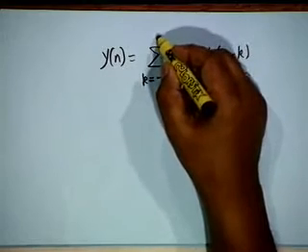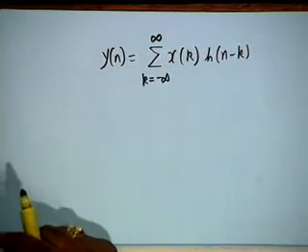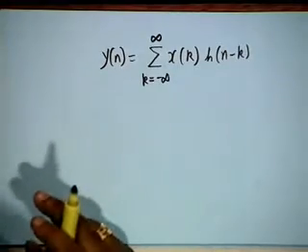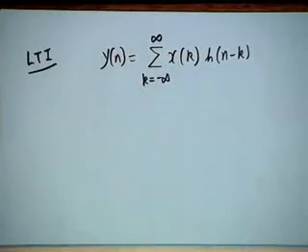In general, our convolution applies only to linear time invariant systems, because in finding this summation we have invoked the principle of homogeneity, the principle of superposition, and also the fact that if the input is delayed by k samples, then the output is delayed by the same number of samples. That is, we have also invoked time invariance. So, this is valid for LTI systems.